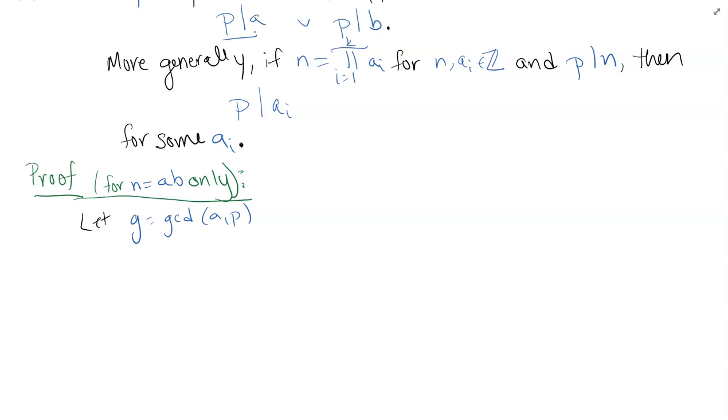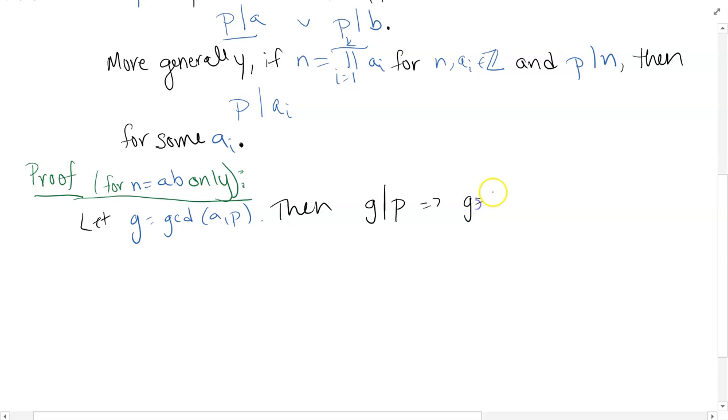Then this greatest common divisor divides p, and so we have that G is equal to 1 or G is equal to p, because the only things that can divide a prime are 1 or itself.